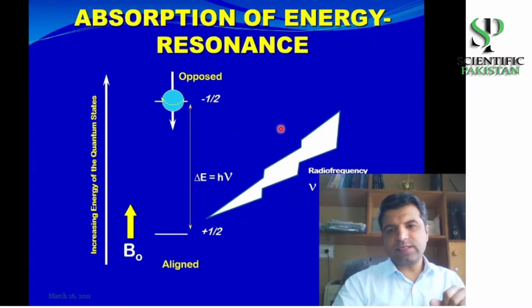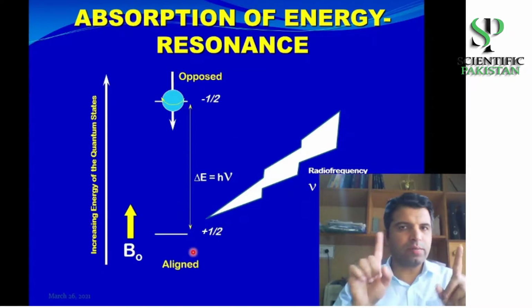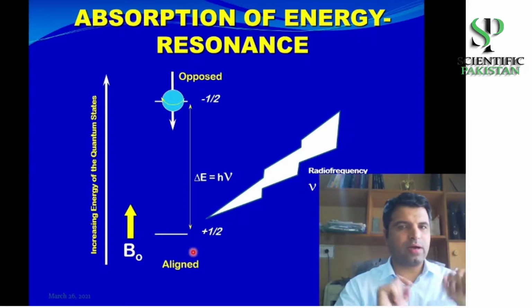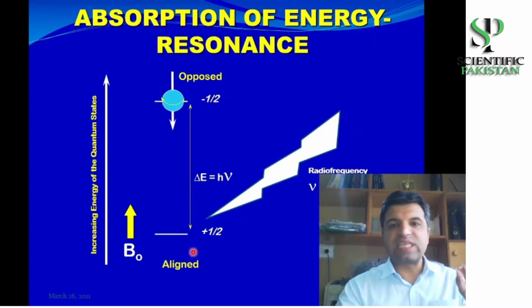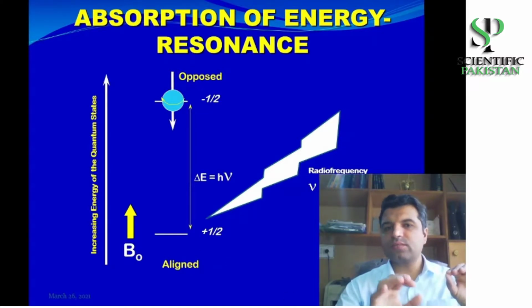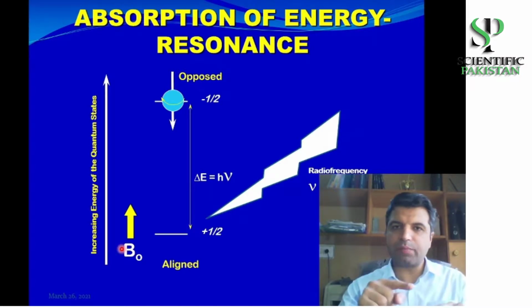As I told you, this mu is directly proportional to del E. Now, we're talking about two different nuclei, proton and carbon-13. Will they require the same radio frequency under the same magnetic field for this flipping to take place?